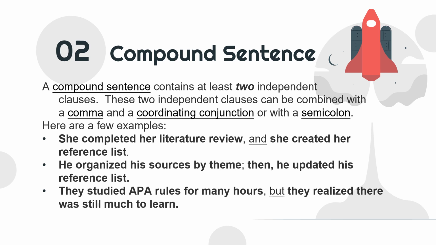She completed her literature review and she created her reference list. The first clause is an independent clause, and the second clause is also an independent clause, meaning that both clauses can stand alone.